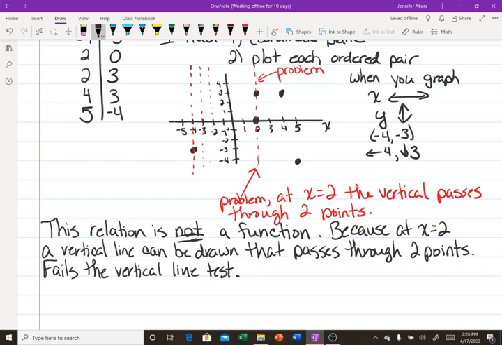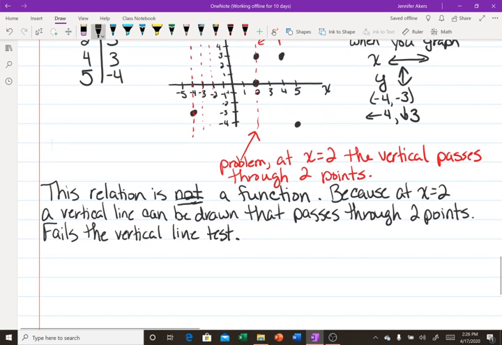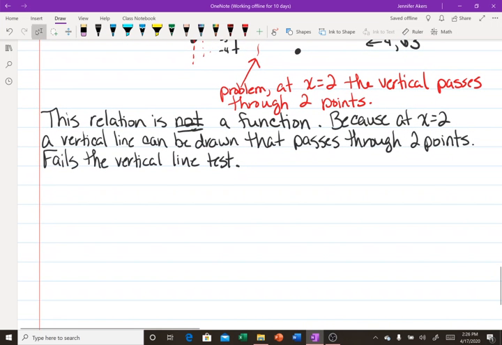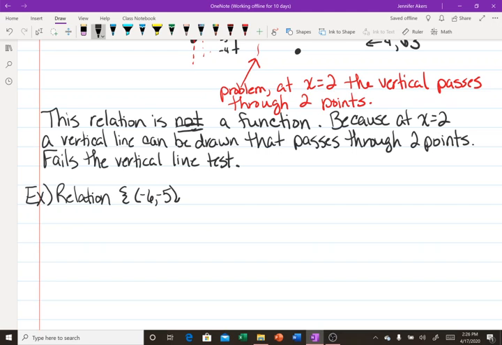Alright, let's look at another example. Say I have the relation (-6, -5), (-3, -2), (0, -2), (1, 0), (4, 3), (5, 7).